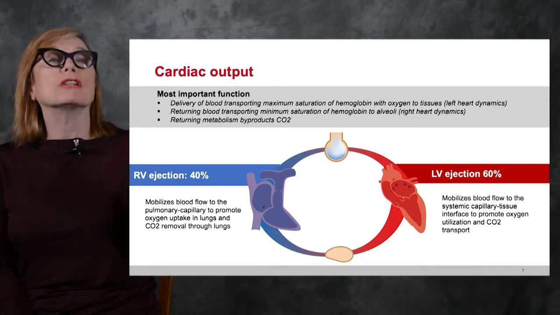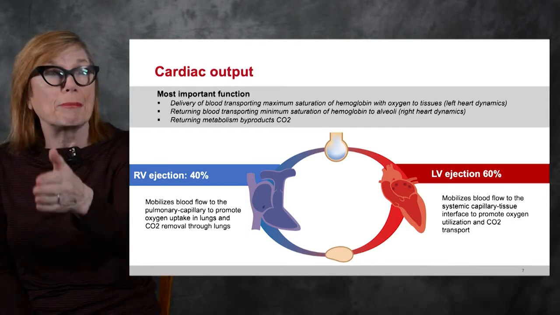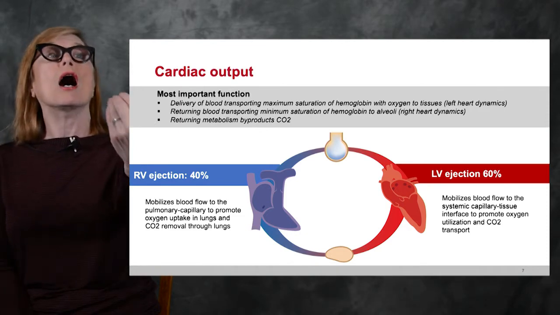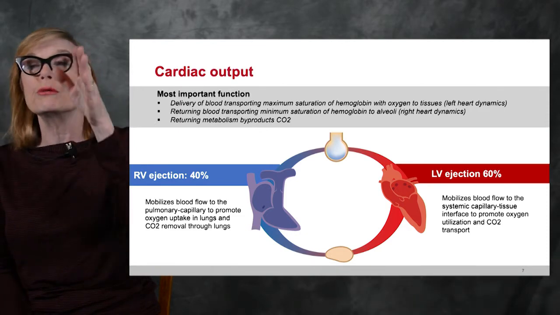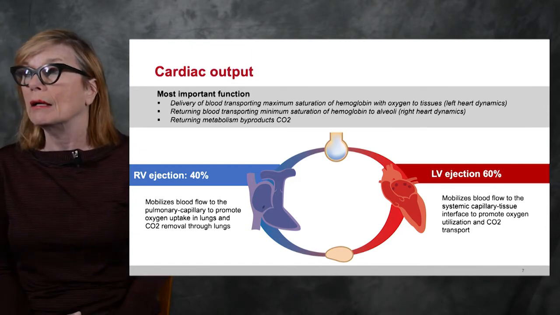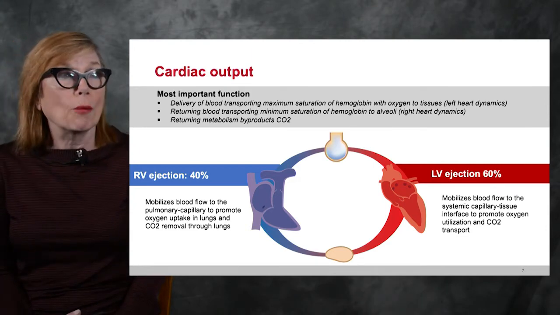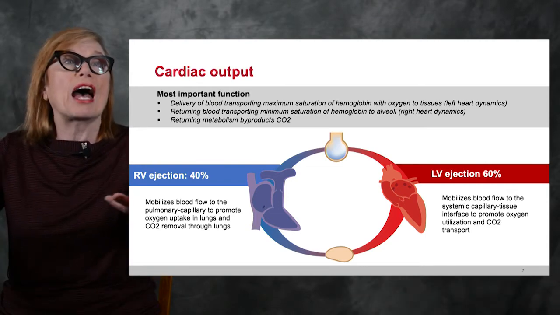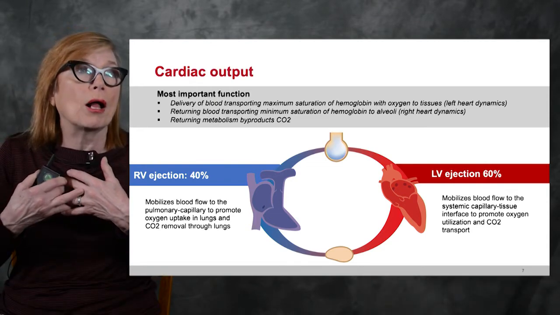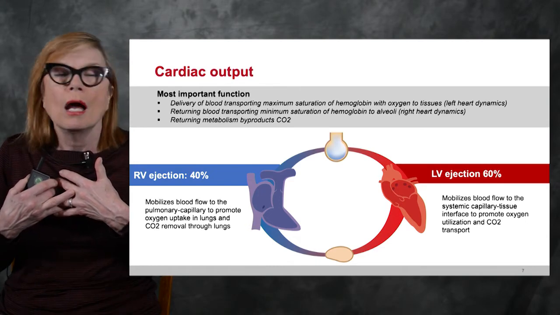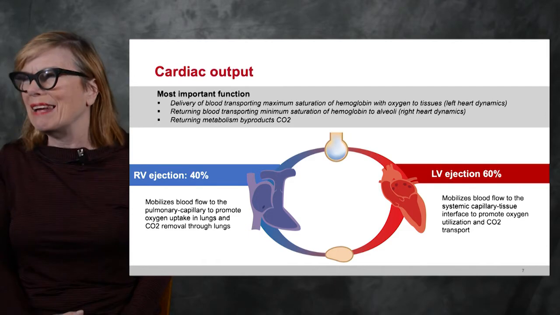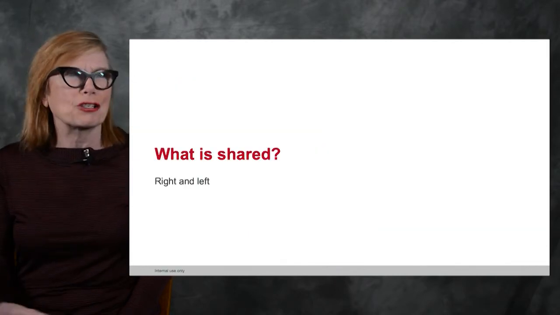Right heart is delivering blood into the alveolar capillary exchange network in order to optimize oxygen uptake into the blood and CO2 downloaded into the alveoli. The left heart is mobilizing blood flow in order to optimize oxygen delivery to the cell and removal of metabolic and respiratory waste products. So incredibly important in terms of how we look at right and left ventricular function.